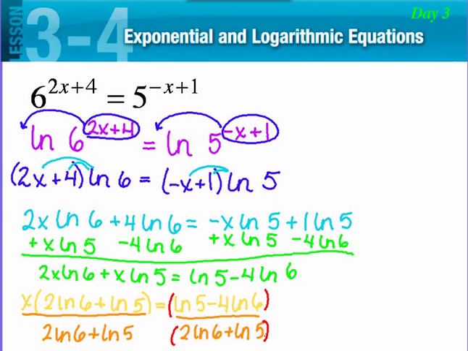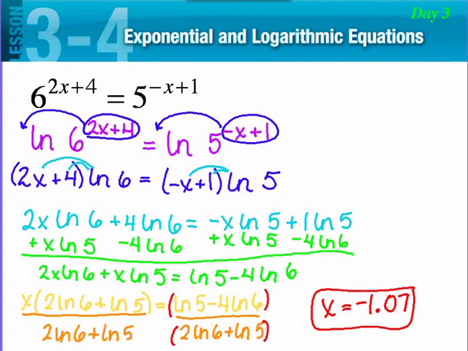So what does x come out to be? Negative 1.07. So it should be negative 1.070218.